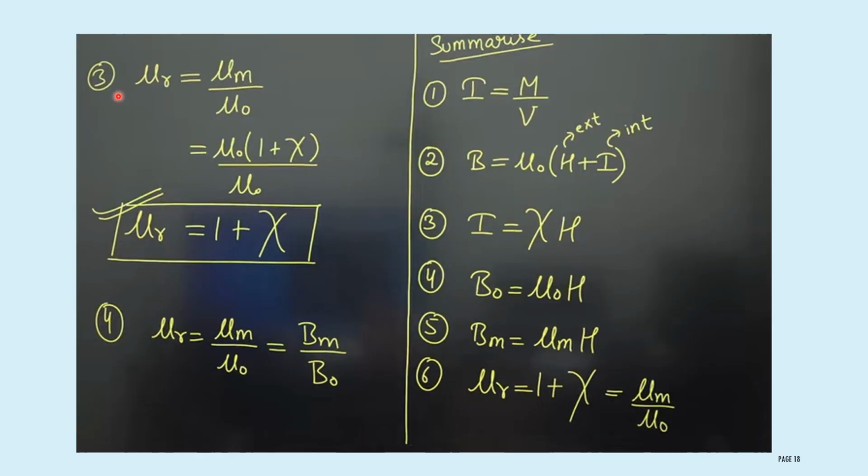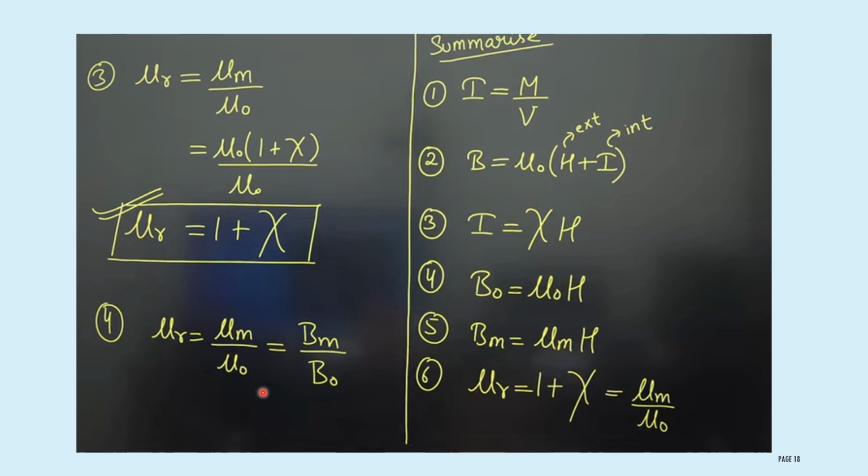Next, the third formula: mu r is equal to mu m divided by mu naught. You know the value of mu m, it is equal to mu naught (1 plus zeta), divided by mu naught. Mu naught gets cancelled. Mu r is equal to 1 plus zeta. Then the next formula, mu r is equal to mu m divided by mu naught.